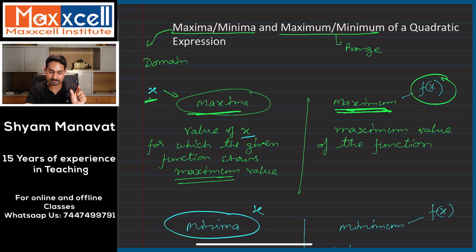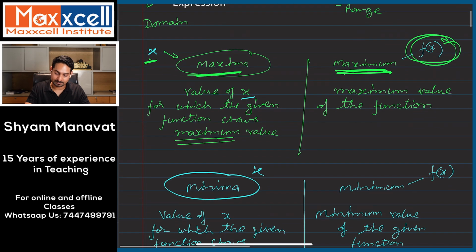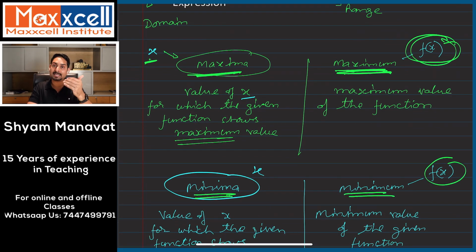For the overall function maximum, the x is called maxima. For the overall function minimum, the x will be called minima. Or for x minima, the function value will be called minimum. This relation should be clear to us. This is clear, right?